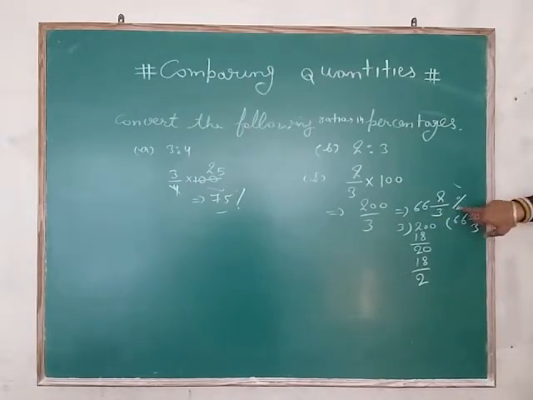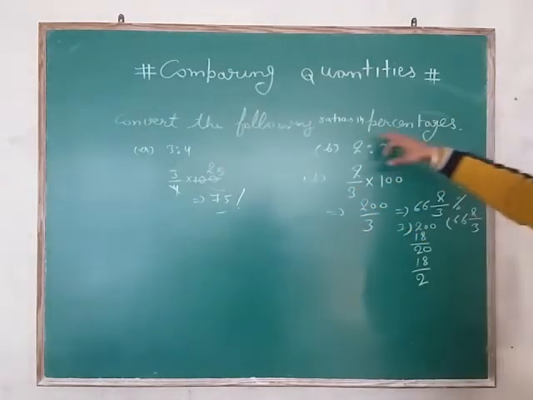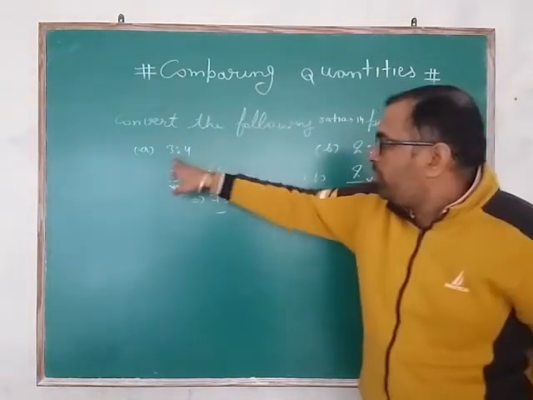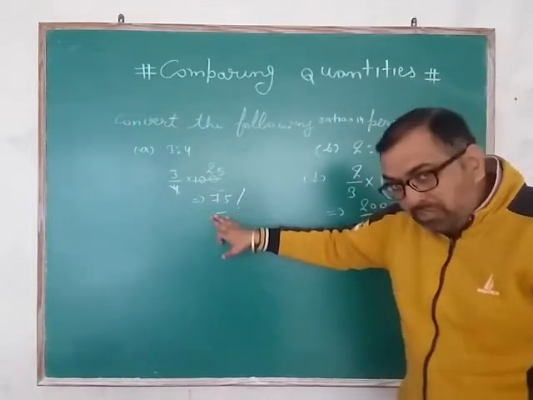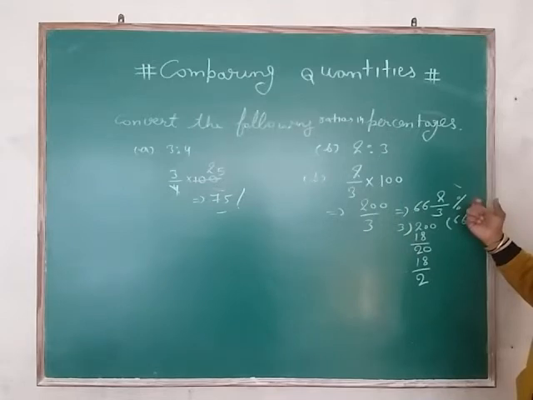Put this symbol: 66 2/3%. So the question was to convert the following ratios into percentage: 3:4 result is 75%, 2:3 result is 66 2/3%.